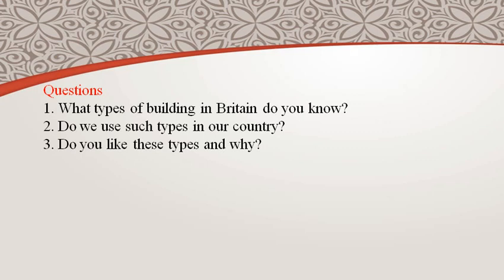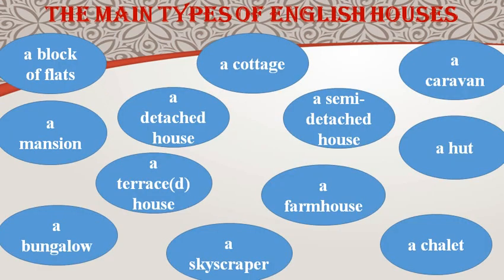Now let's speak about types of houses in Great Britain. The main types of English houses. There are a lot of kinds of British houses, and first of all, write the types of these houses.